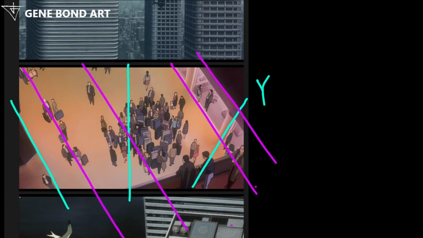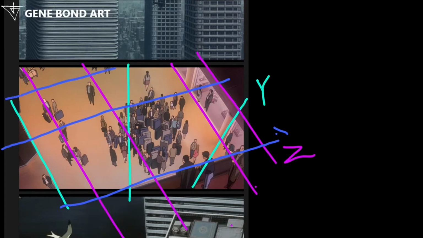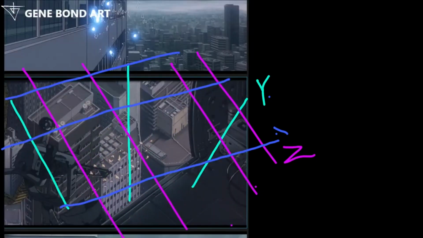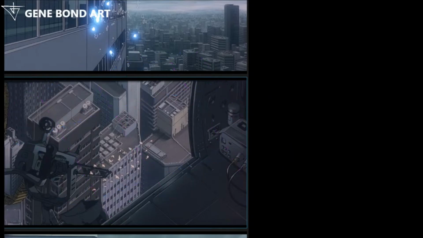kind of just parallel lines for z axis and x axis. So you see how it's kind of the same pattern in many different versions.